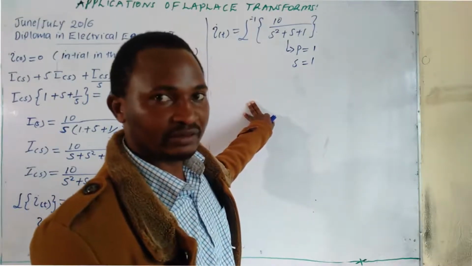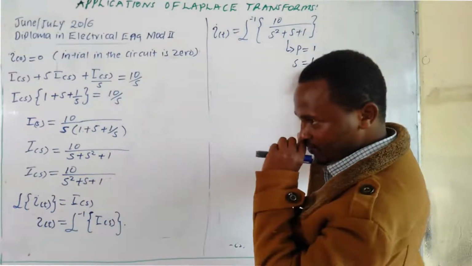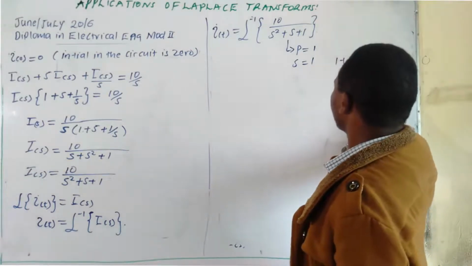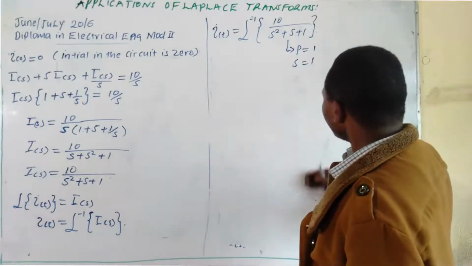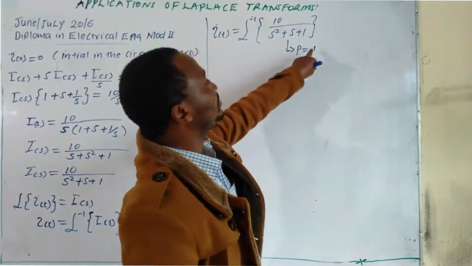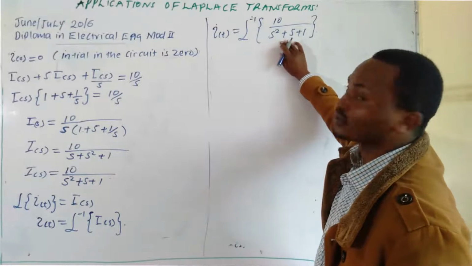Are there any two numbers we can multiply to get 1? Maybe 1 and 1. But if we added them, would they give us 1? 1 plus 1 is 2. So we cannot take 1 and 1. I don't think there are any two numbers that multiply to give 1 and add to give 1. This one is not possible to factorize.